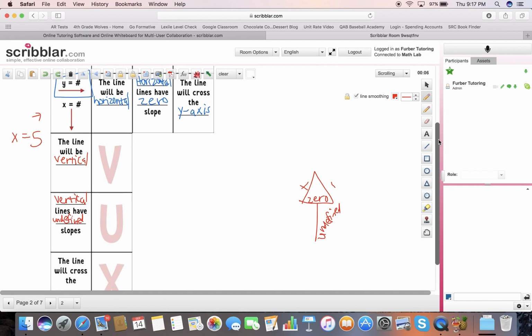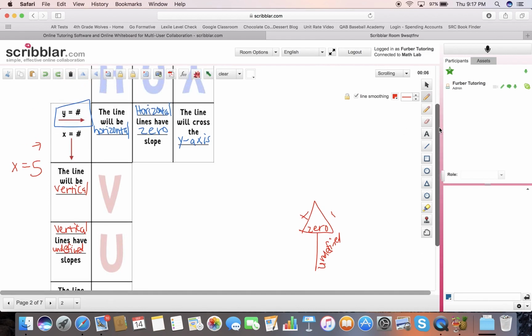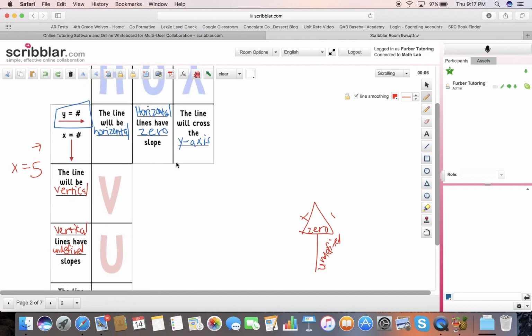Now let me do one more thing here. Let me go back up. Let's talk about the slope of HOY and VUX for a minute. Horizontal lines have a 0 slope. Let's say you didn't have a graph, and you were presented with 2 points and had to use the slope formula to find the slope. Remember, the slope formula is y2 minus y1 over x2 minus x1.